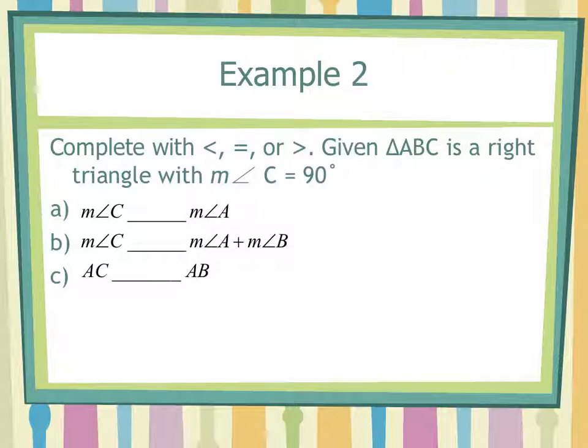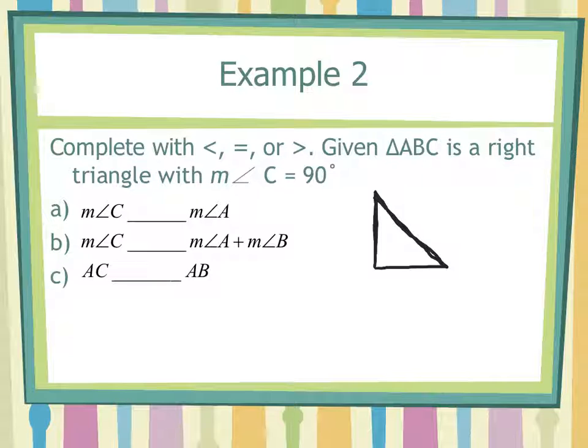Okay. Complete with less than, equal to, or greater than. Given that ABC is a right triangle and angle C is 90 degrees. Okay, so let's draw this. Angle C is greater than angle A. Now, I don't even know if I'm drawing this correctly.